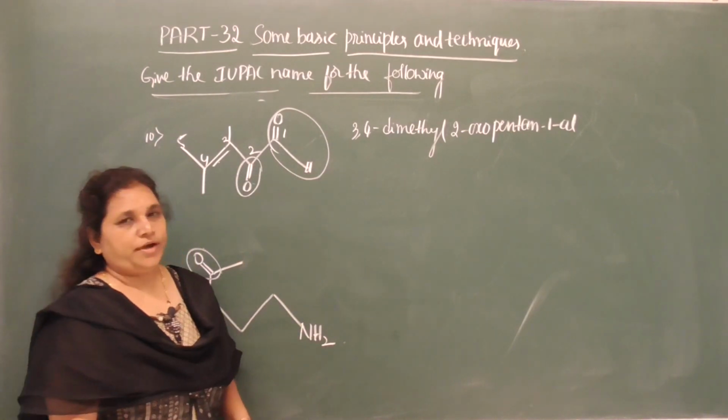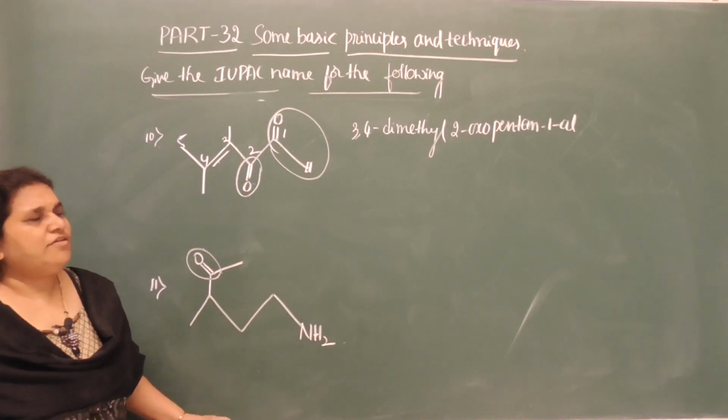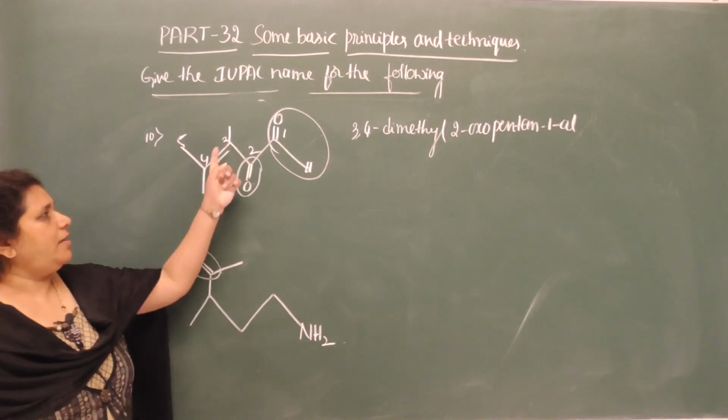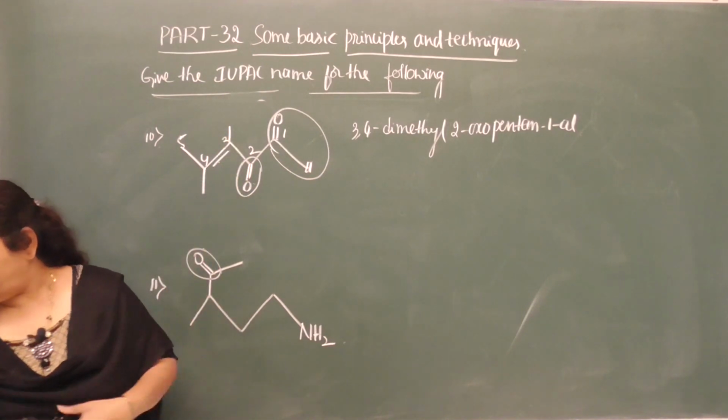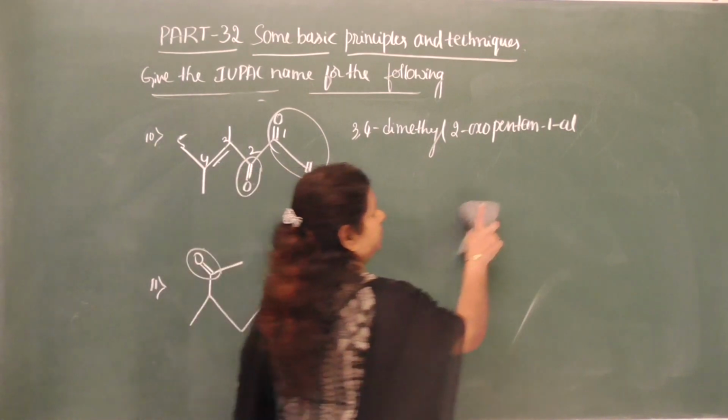You can ignore the locant 1 of the aldehyde functional group. So 3,4-dimethyl, sorry, it is pentene.